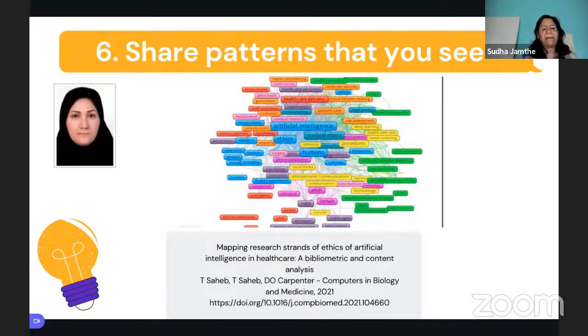And from those patterns, she will tell a story and try to push for change. This is an example of one of her research. It is about mapping research strands of ethics of artificial intelligence in healthcare. She took, I think, 300 odd papers, and then did this bibliometric analysis, and then came up with that.